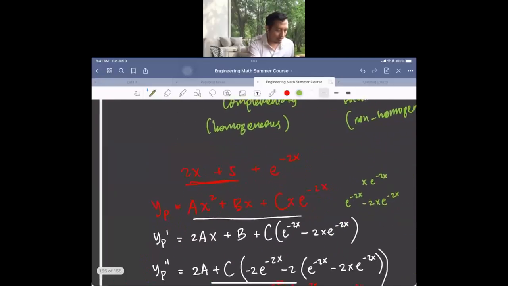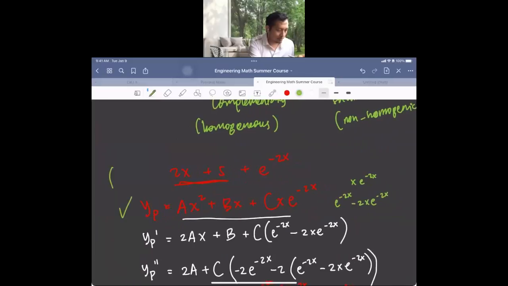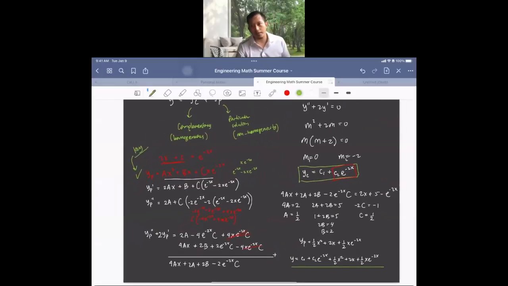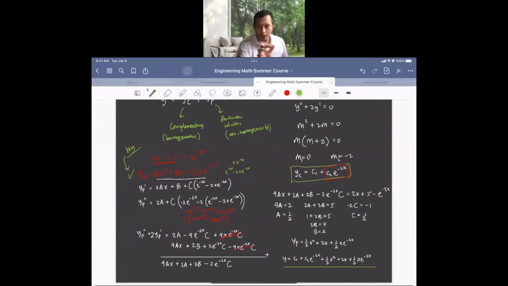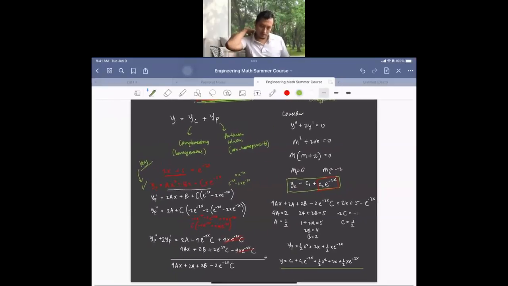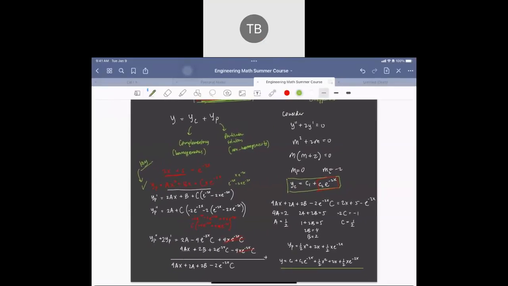So that's what the key is, to find this proposal. To find this yp, this is the key for this undetermined coefficient. Okay, any questions from here?